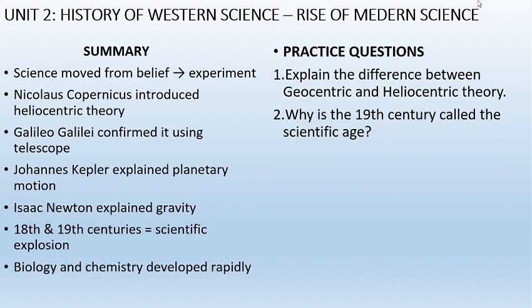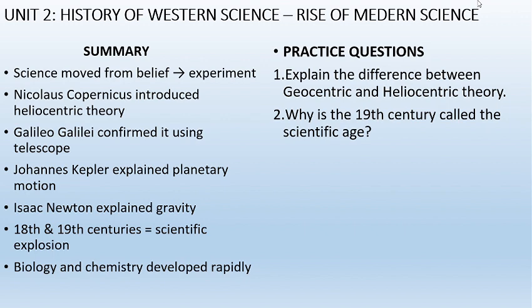So let's go to the summarization of this course. From the beginning, I said science moved from belief to experiment. From the onset, science was based on belief. They made it religious settings because science was declining. There was no experiment, no observation, no test.